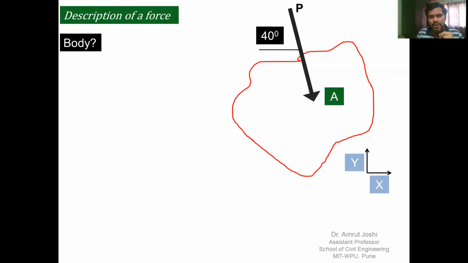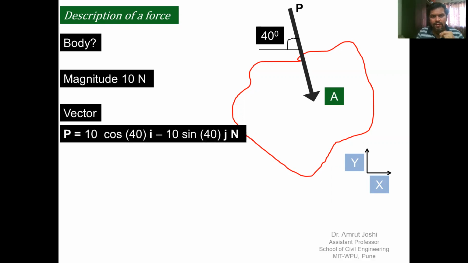Let us say on this body at point A, there is a force P making an angle of 40 degrees with reference to the horizontal, and the magnitude of force is 10 Newton. As you are aware, force is a vector quantity and it requires magnitude and direction for its specification, but we will go into intricacies of it.